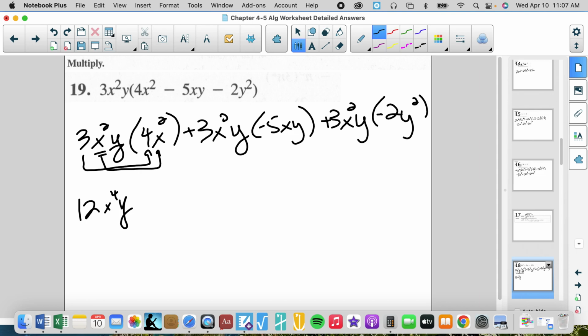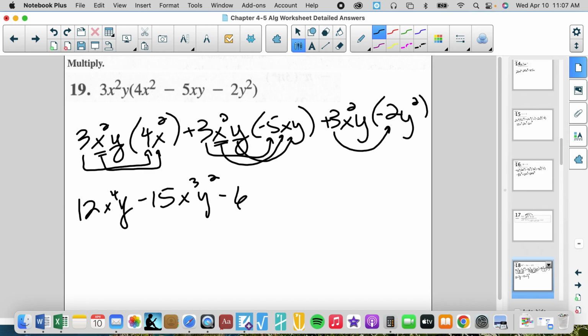I'm going to multiply the 3 times negative 5, which is negative 15. I'm going to do the x squared times x is x to the third. I'm going to do the y times the y, which is y squared. I'm going to do the 3 times the negative 2 is negative 6. The x squared doesn't have a partner. The y times the y squared is y to the third.